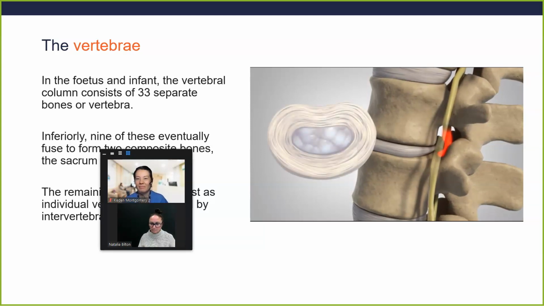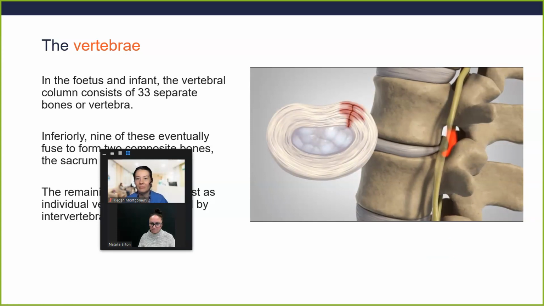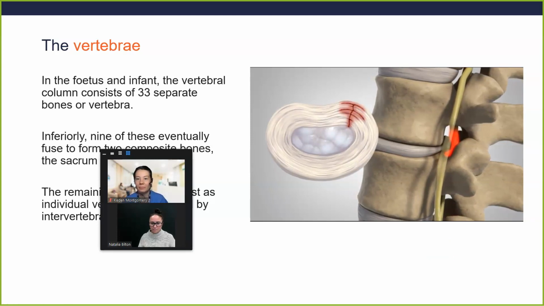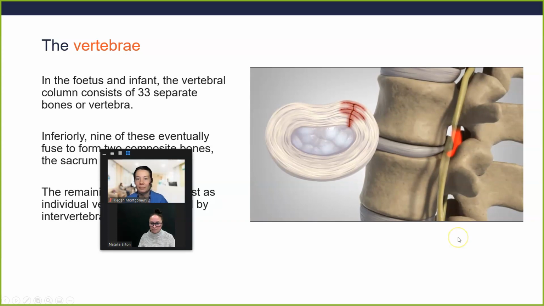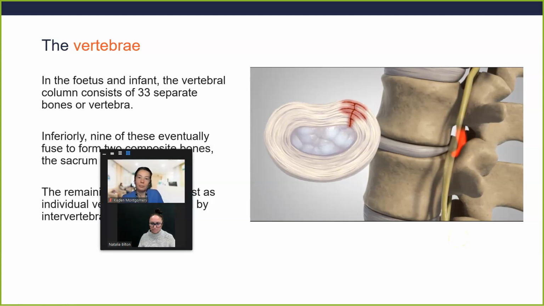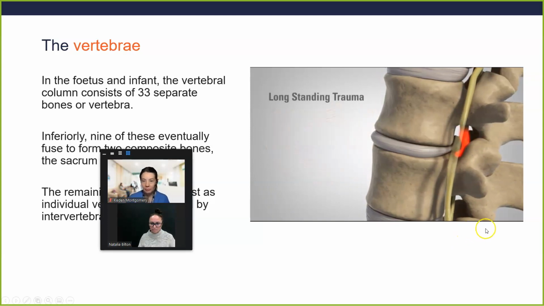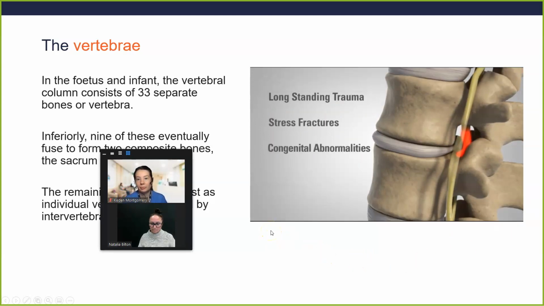A herniated disc may be caused by simple wear and tear from repeated movement over time, or disc degeneration. With age, spinal discs lose some of their water content, making it difficult to support the load from the above vertebrae. Other causes of a herniated disc may include long-standing trauma, stress fractures, congenital abnormalities.